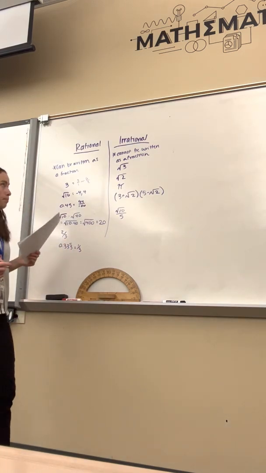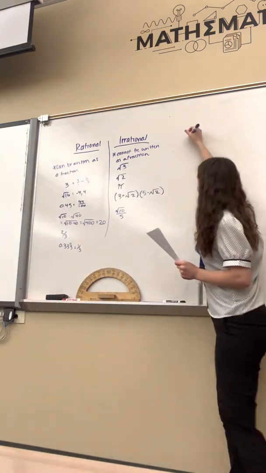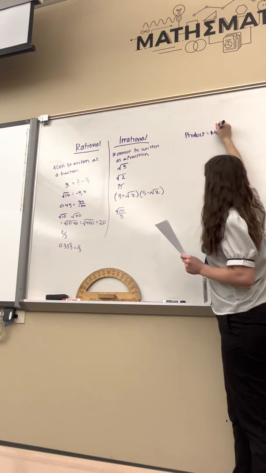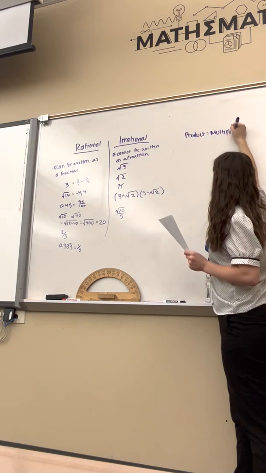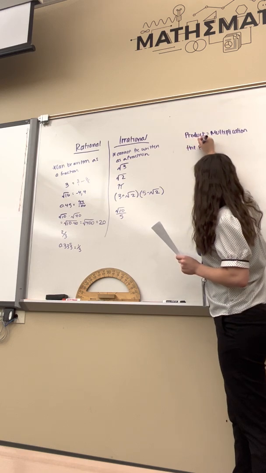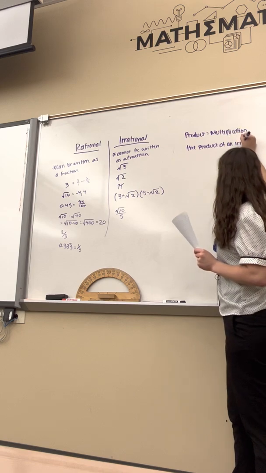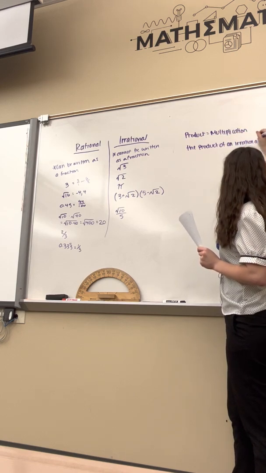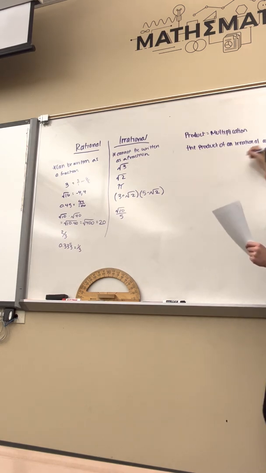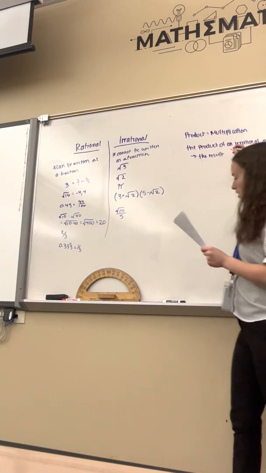Okay? One thing you want to note, because your PFA will ask these questions, is product. It's a result of multiplication. You're going to see this word a lot. So if we take the product of an irrational and rational, the result is going to be irrational.